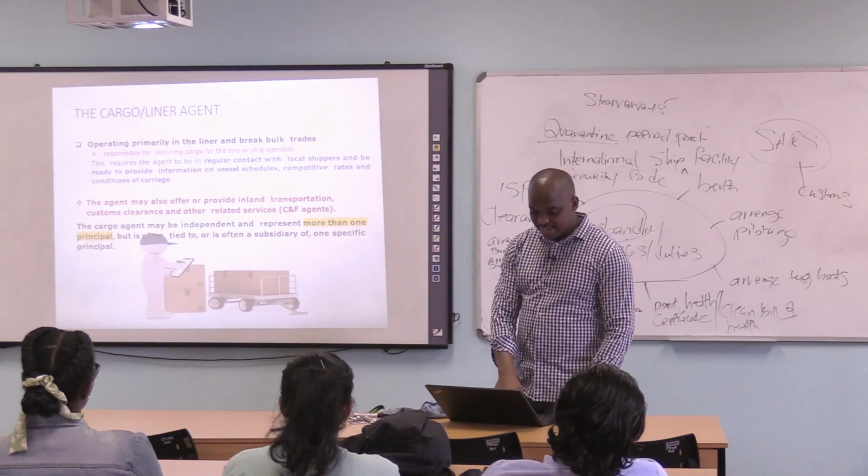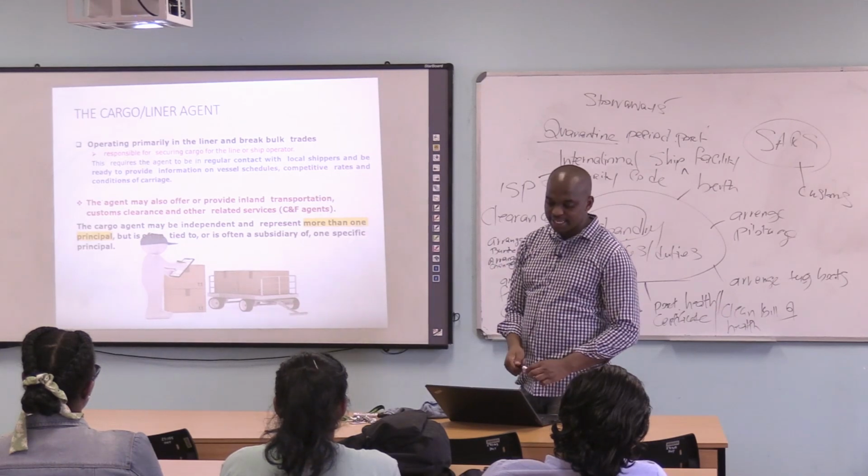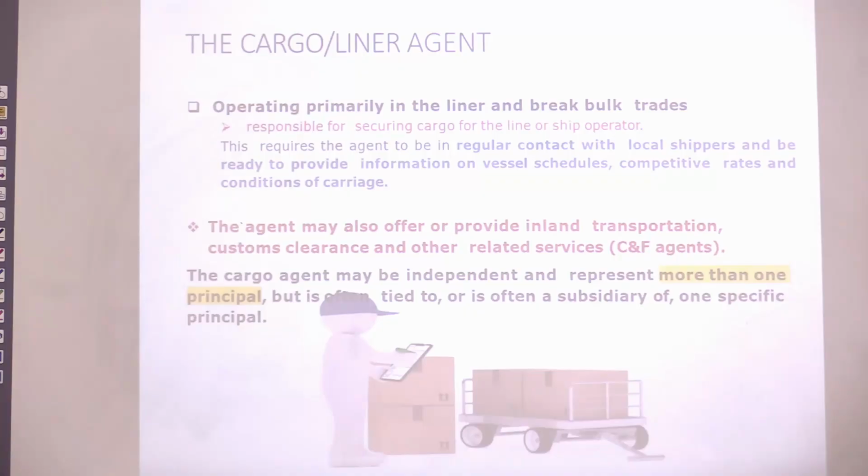Now, the cargo or liner agent operates primarily in the liner and the break bulk. Now, remember the difference between liner trade and tramp service. What's the difference again? Yes, liner works on a fixed schedule, whereas tramp service is basically as and when the business is available.